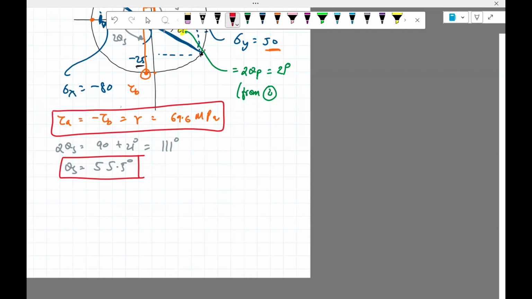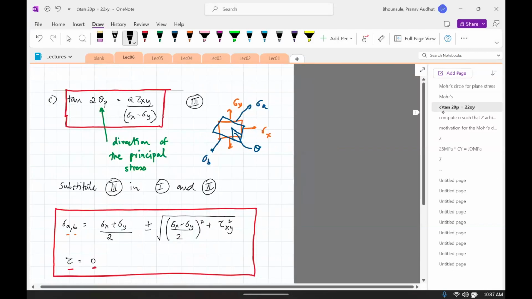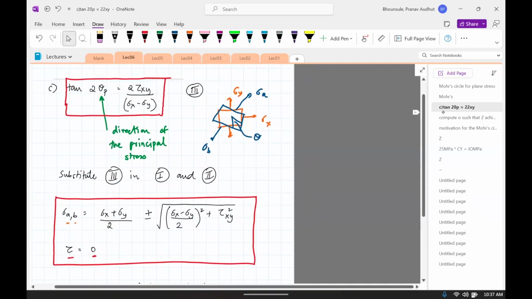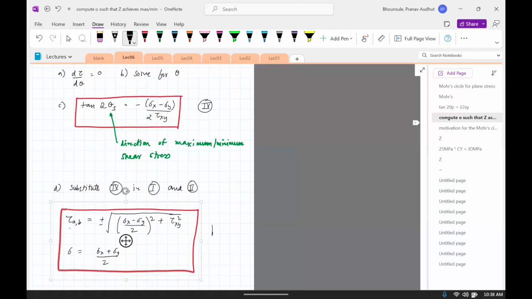Okay, so what I would recommend you doing is redo this problem using formulas. So the formulas are, you need to use 3, let me call that 3 star, let's say. And then there is 4, and then 4 star.